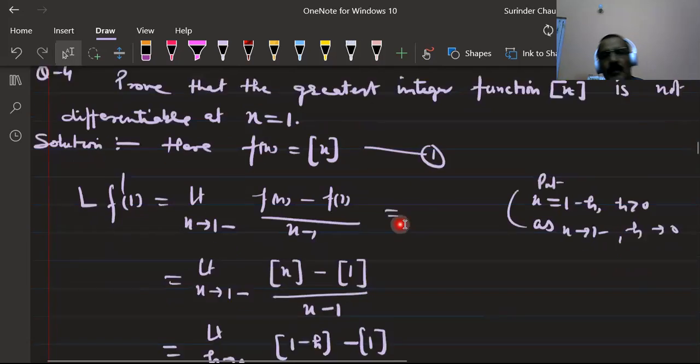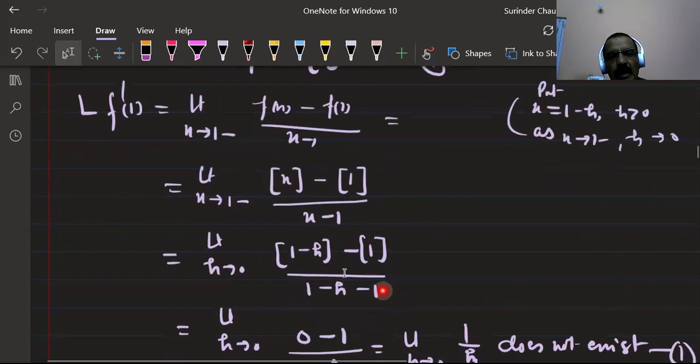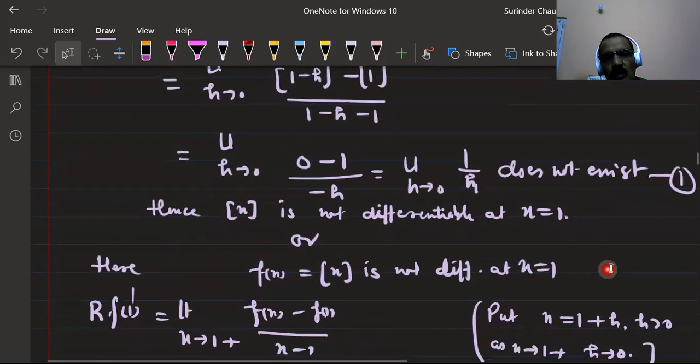Now change the limit from x equal to 1 from negative to h equal to 0 from positive, with x equal to 1 minus h. Substitute the function values: f(1 minus h) comes out to be 0, and f(1) is equal to 1. Upon minus h, the 1 cancels out. This limit as h tends to 0 of 1 upon h does not exist. So hence this is not differentiable at x equal to 1.